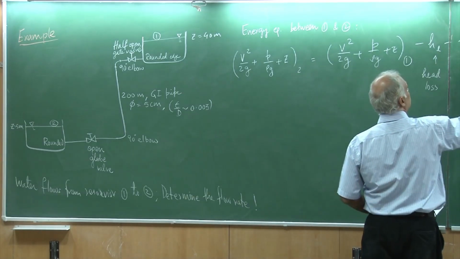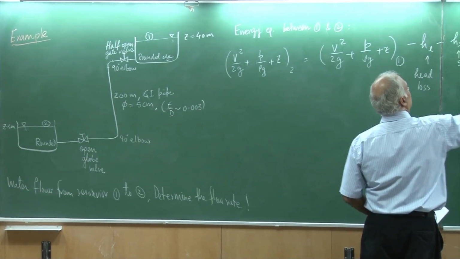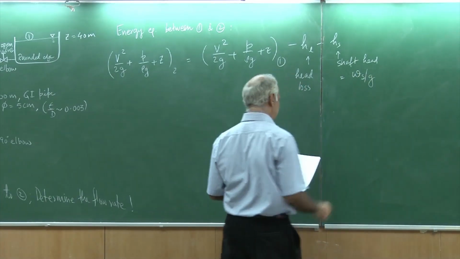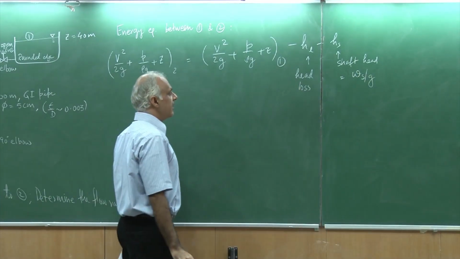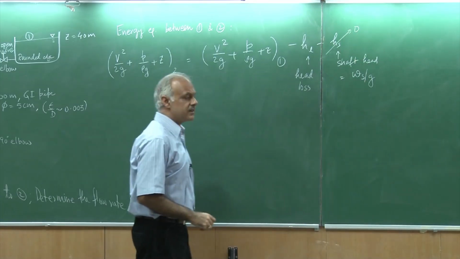So, this is the shaft head, which, if you remember, was given as Ws by g. Of course, in our case this is 0 because there is no shaft work.